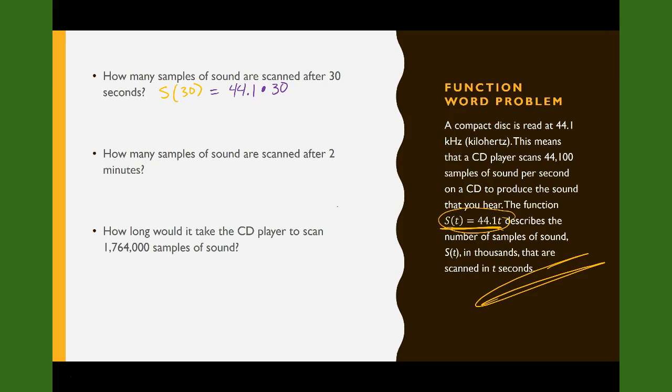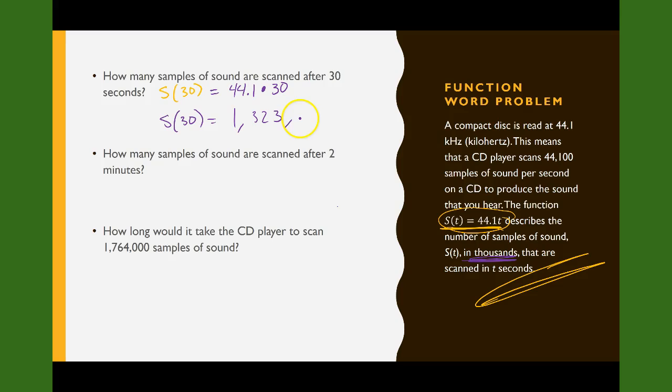So let me do that quick. 44.1 times 30 equals 1,323. So S of 30 equals 1,323. Now remember though that S of t is in thousands.